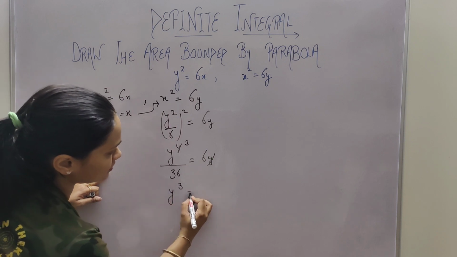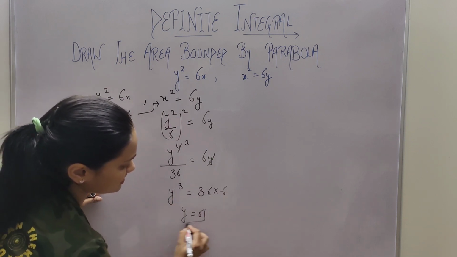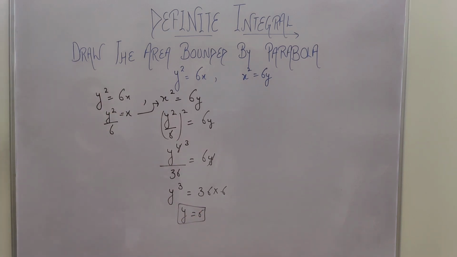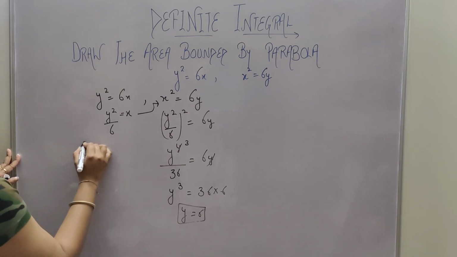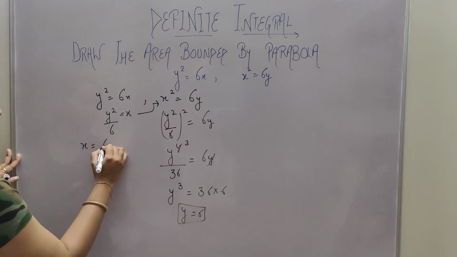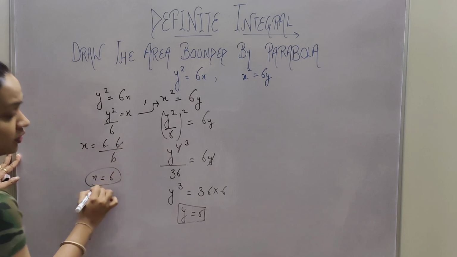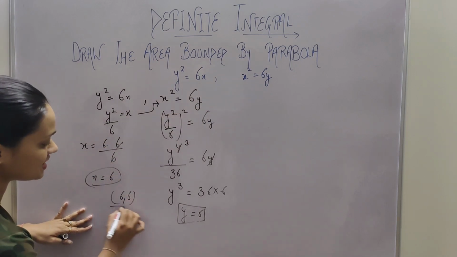Y cube is equal to 36 into 6. Y is equal to 6. Here comes the value of y, which is 6. So putting this value in this equation, x is equal to 6 into 6 upon 6, the value is 6. So the point of intersection of the two parabolas is (6, 6).